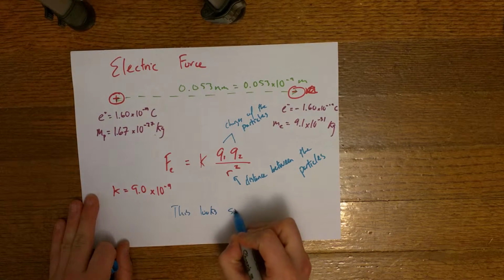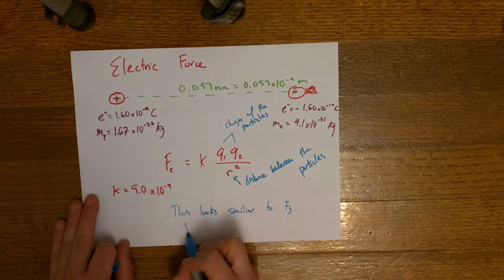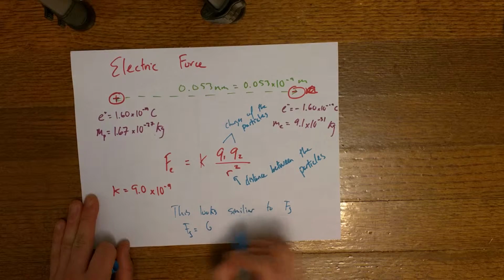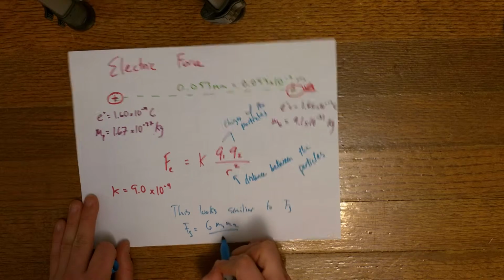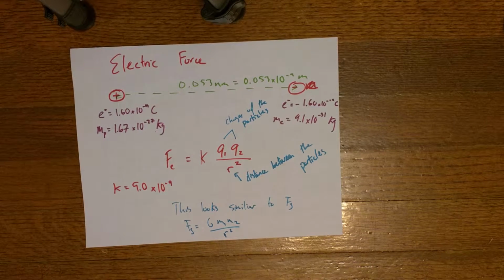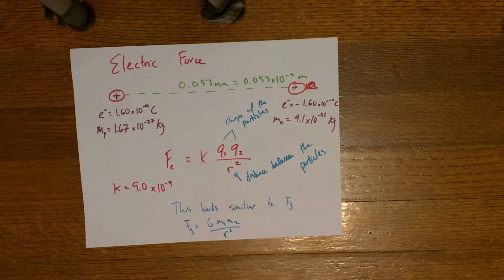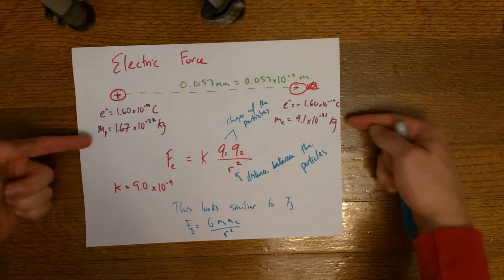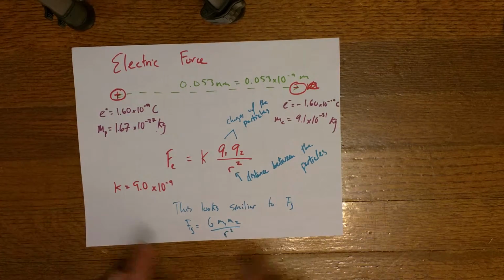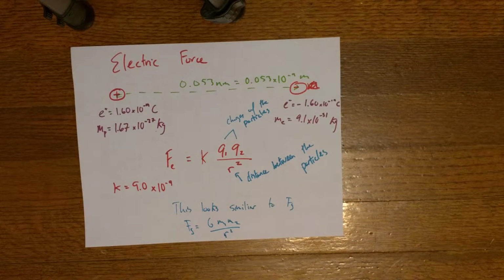The force of gravity equation was G times m1 m2 over r squared. Both of these are fundamental forces, and they also appear the same in their form. If I were to plug in my masses to this force of gravity equation and my charges to the Fe equation, I would find this.